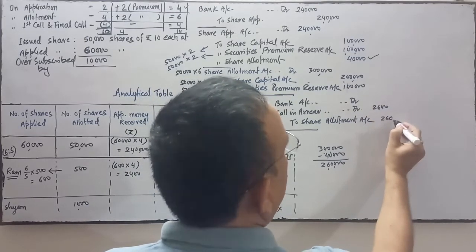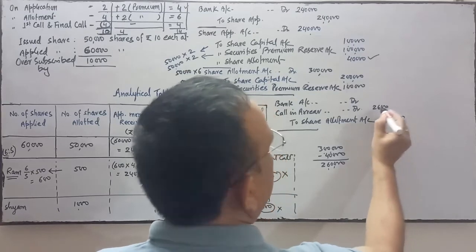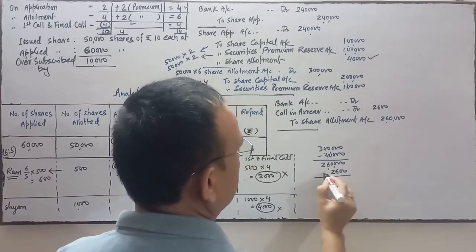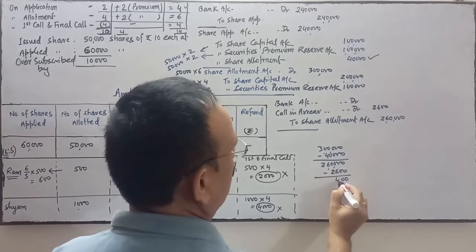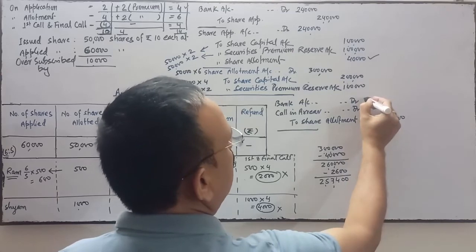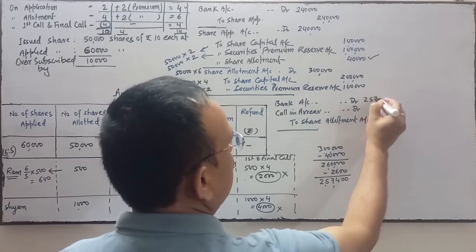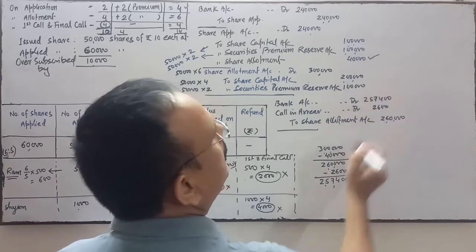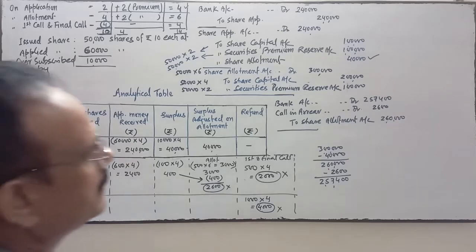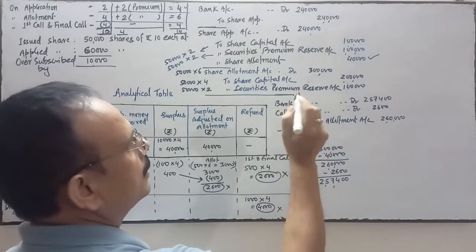So difference amount is you deduct 2,600 from it, so 2,57,400 will be in the bank. 2,57,400 will be in the bank account. Okay, this calculation is clear.